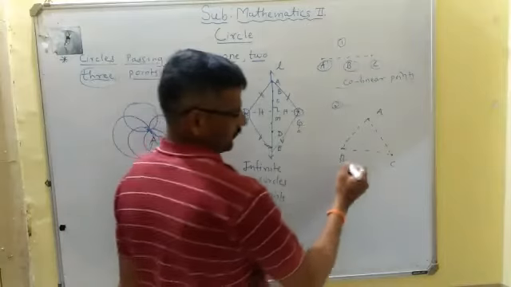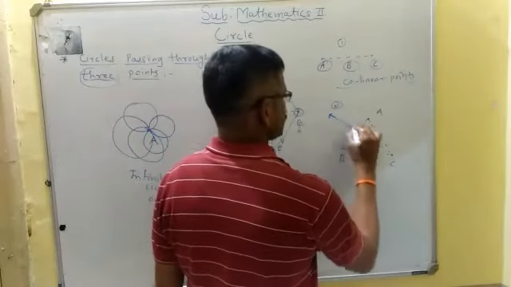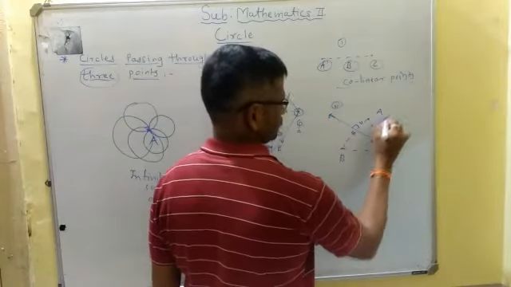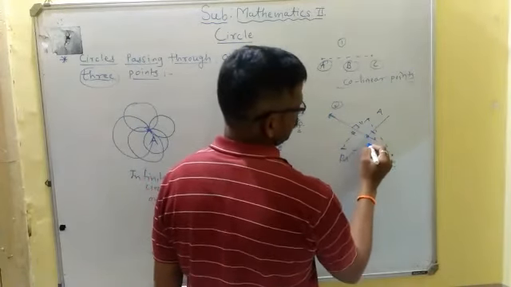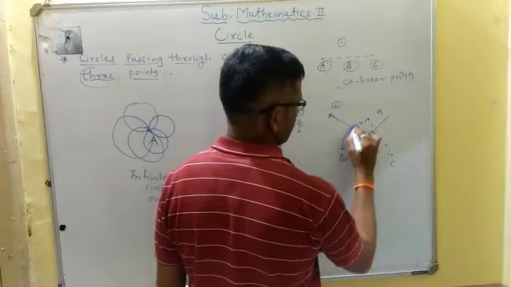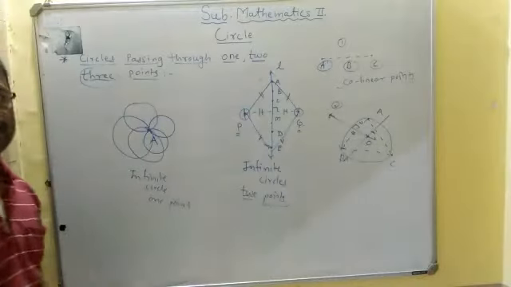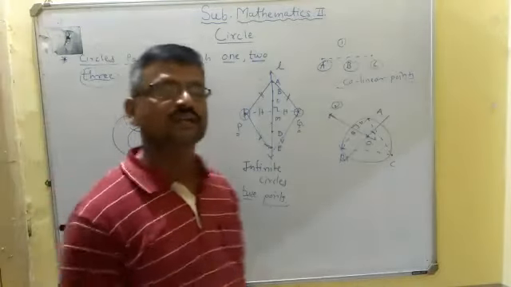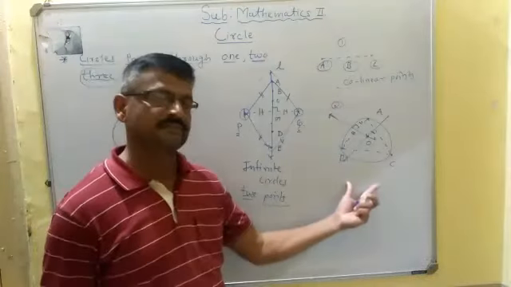How to construct it? Draw the perpendicular bisector of any two sides of the triangle. When we construct the perpendicular bisectors of any two sides, we take their intersection as point O, and construct a circle passing through it. That means one and only one circle passes through three non-collinear points.